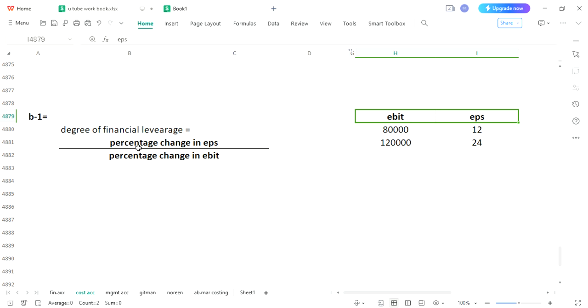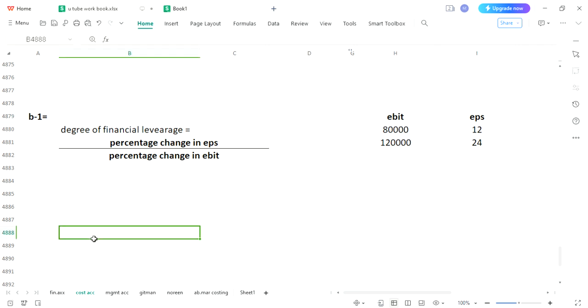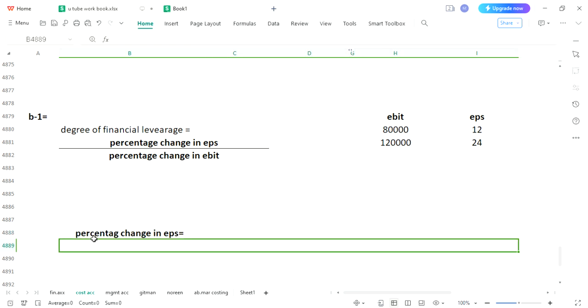Above, we need to see percentage change in EPS. This is your EPS. For this you will calculate percentage change in EPS. For that, what you will do: change in EPS divided by base EPS, and finally you will multiply it with 100.